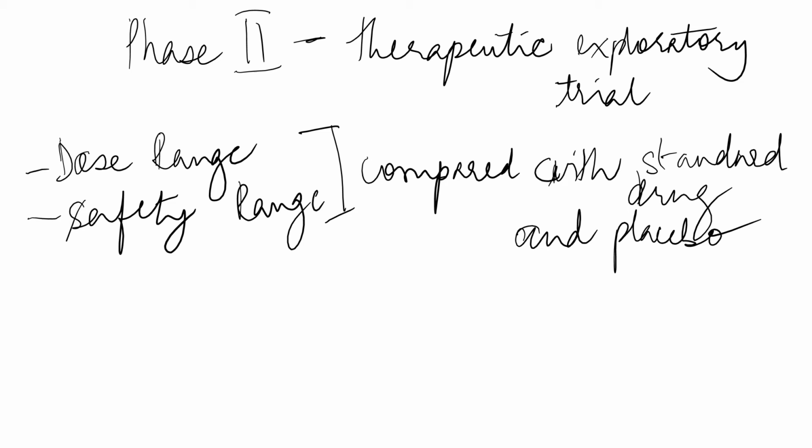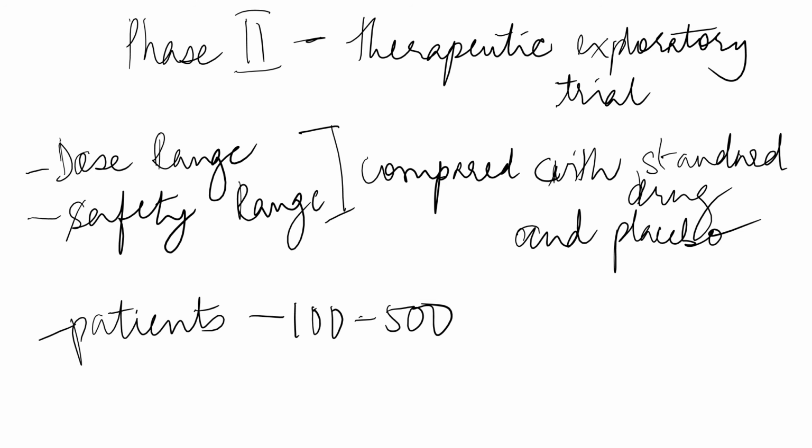A placebo drug is just for trial basis. You keep a dummy drug and the therapeutic drug. A dummy drug is known as a placebo drug. And in this, patients of about 100 to 500 are selected.